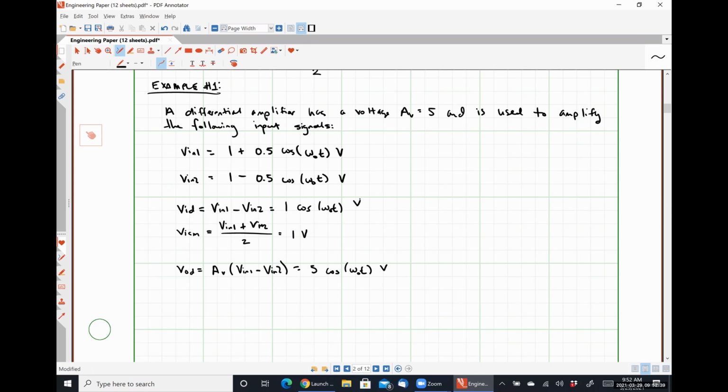And for common mode, VOCM, we're going to have AV times VN1 plus VN2 divided by 2. So we should see a DC value of 5, or an average value of 5.